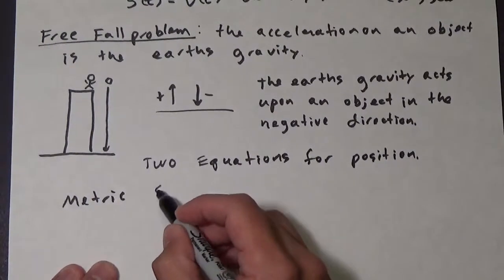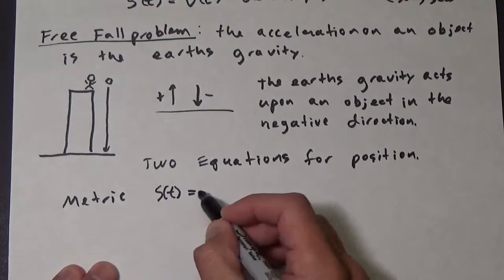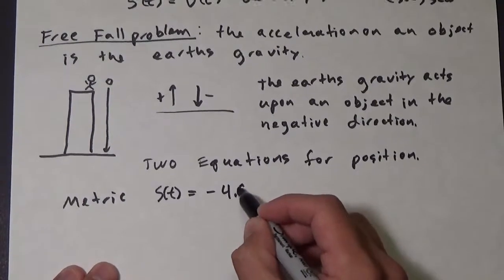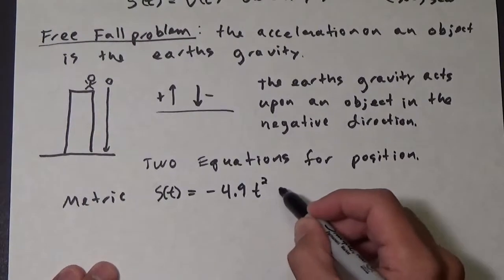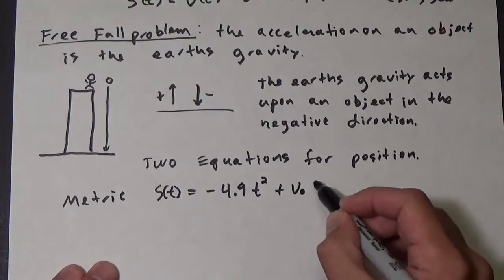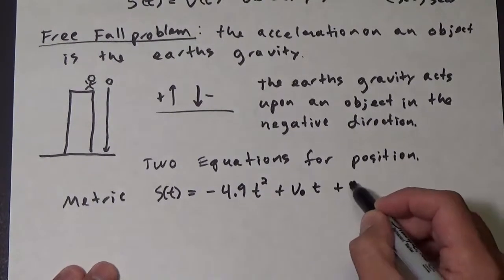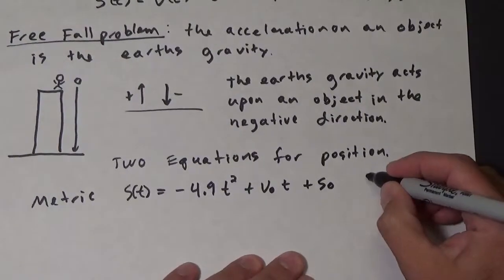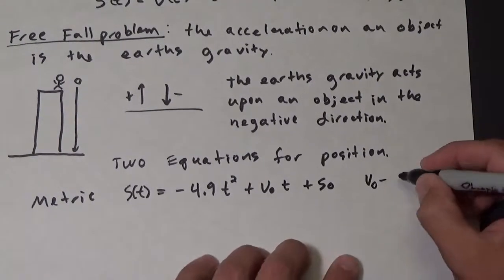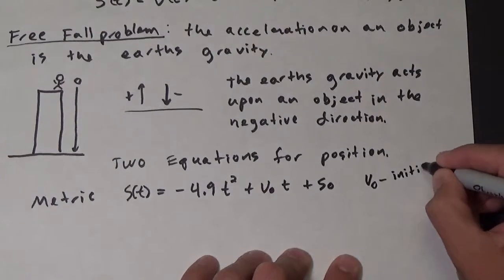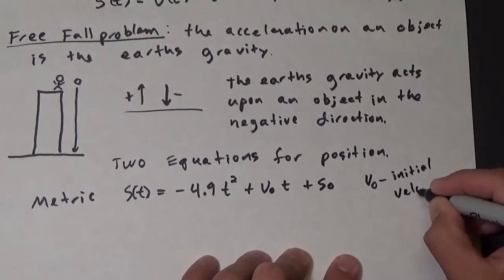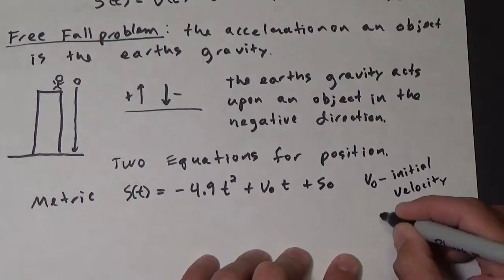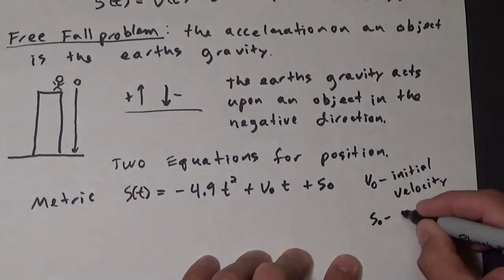And metric, s of t, is going to be negative 4.9 t squared plus v sub naught times t plus s sub naught. Now v sub naught is our initial velocity, and s sub naught is our initial position.